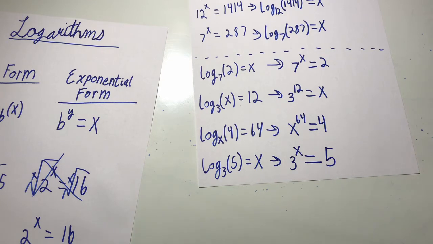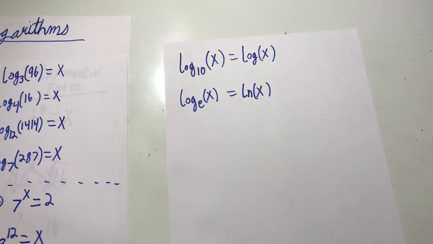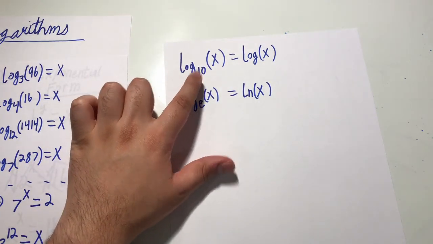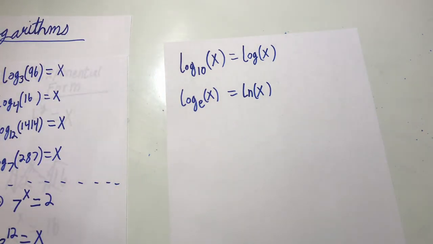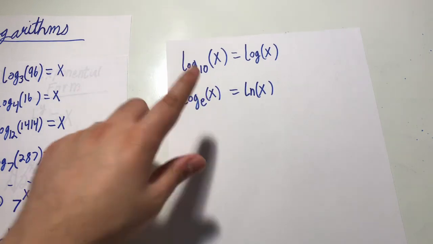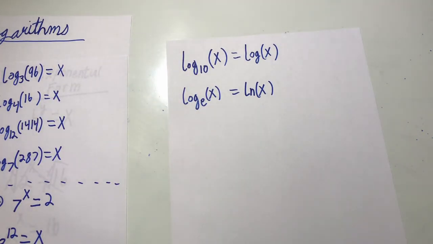Last thing I want to go over is what are called the standard or common logarithm and the natural logarithm, because those come up a lot, especially the natural logarithm. So here we have two specific types of logarithms. We have a logarithm with a base of 10, and that's called the standard or common logarithm. And we have a logarithm with a base of e. Now, if you don't know what e is yet, e is a particular constant in the same way pi is.